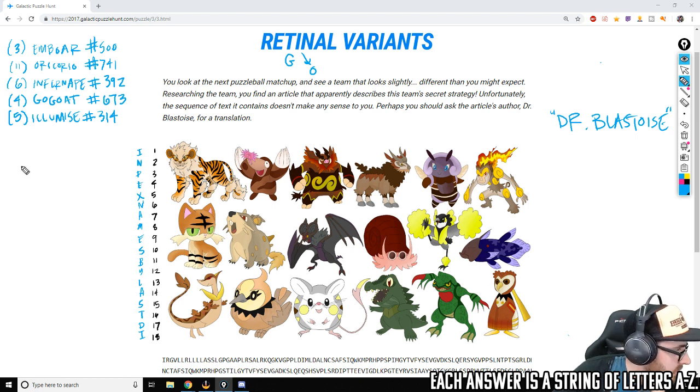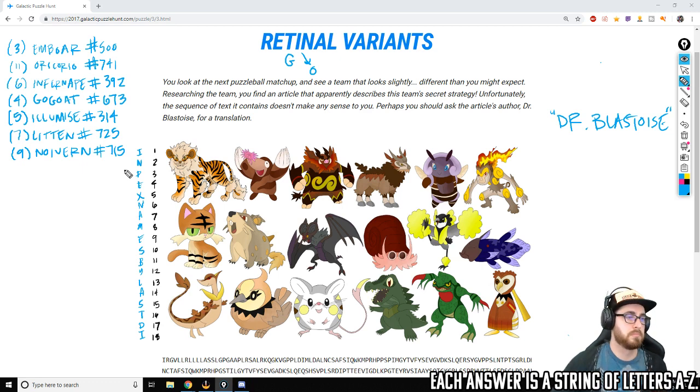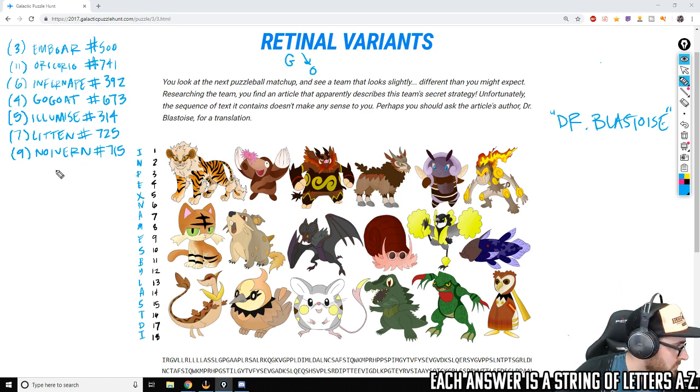Okay, so we have 2 5s, 725 and 715. And then we're going for 6s. 2 6s right next to each other. That's 13 and 14.